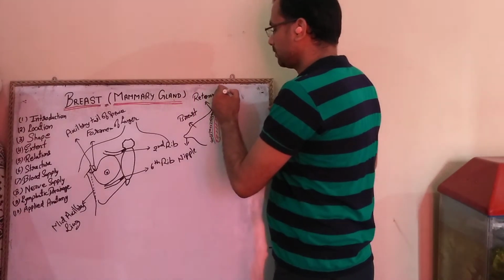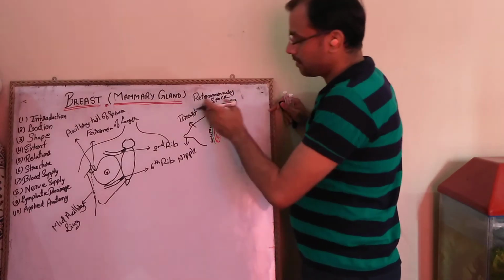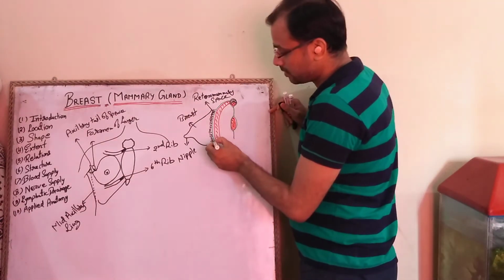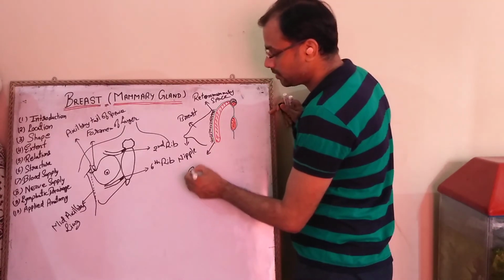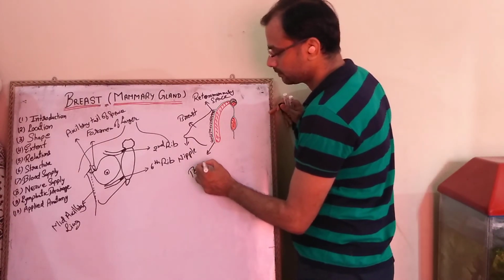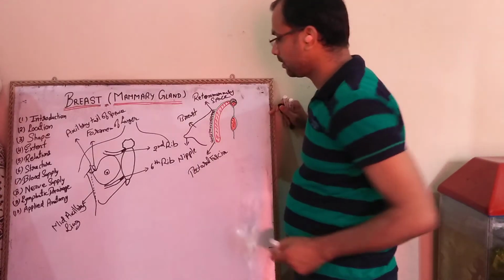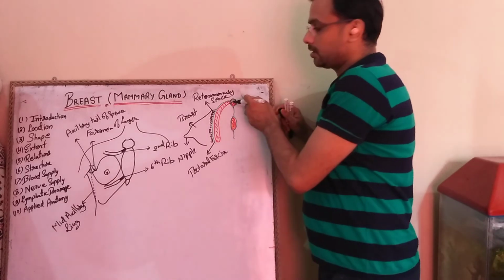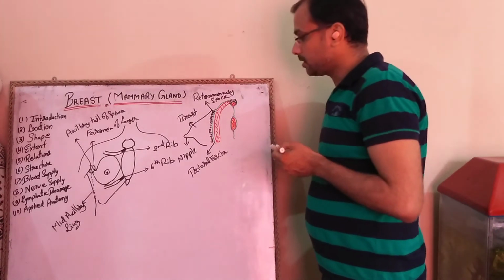Below the retromammary space, you can see this green colored membrane is known as the pectoral fascia. And this is the subclavius, clavipectoral fascia, and the pectoralis minor muscle.